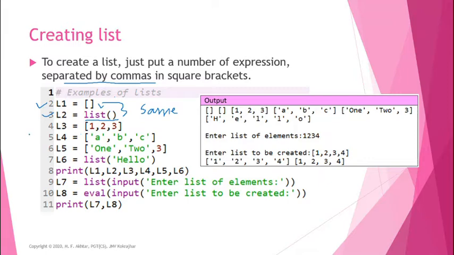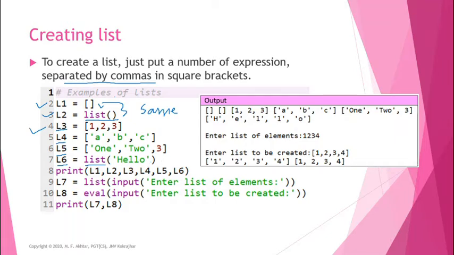See here, the third list we have created 1 2 3, 3 integer numbers, using the variable name L3, and then L4 we have created with the characters in single quotation marks. Then L5 we have created with mixed type, and again L6 we have created with one string value using the list function. This is also possible.